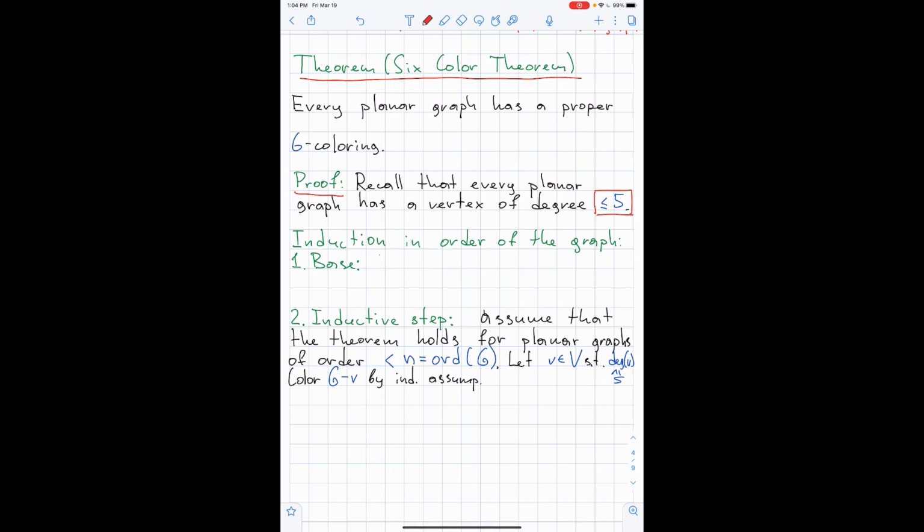If the order of the graph is less than 6, or less or equal than 6, and we have 6 colors, then if we have less or equal than 6 vertices, we can just use one color for each vertex.